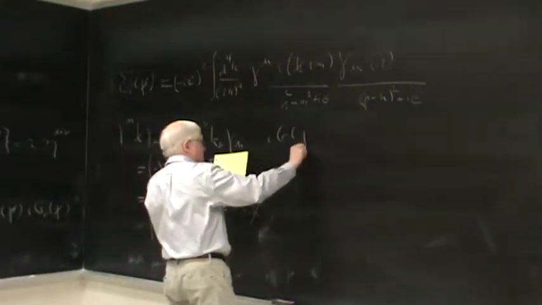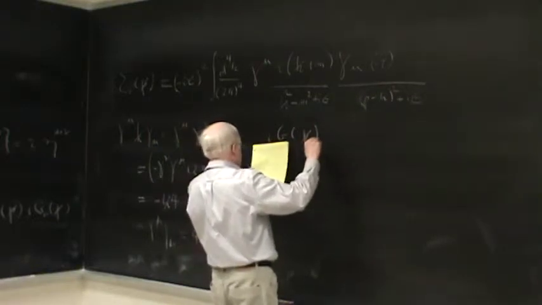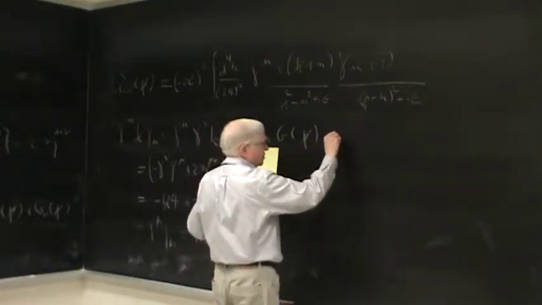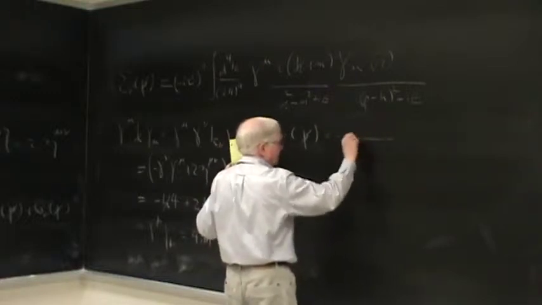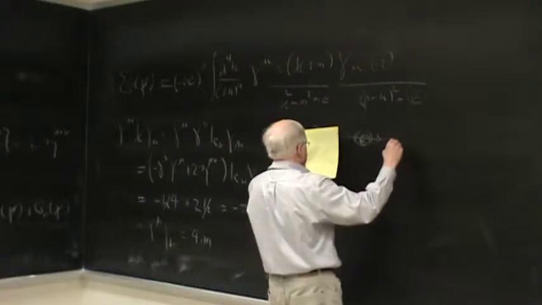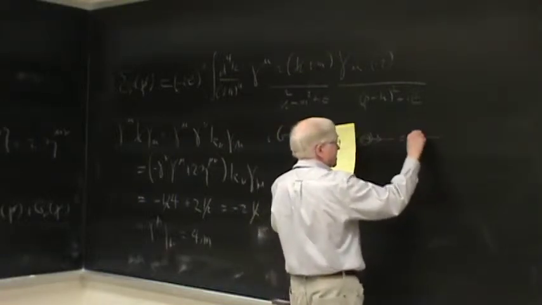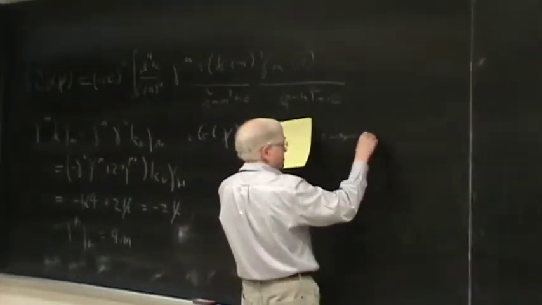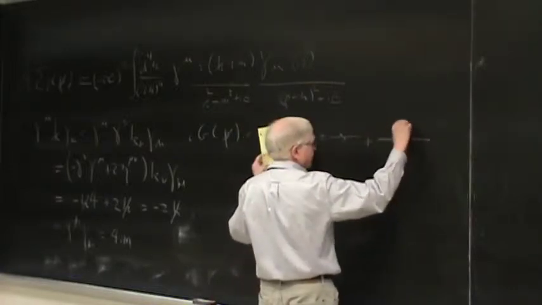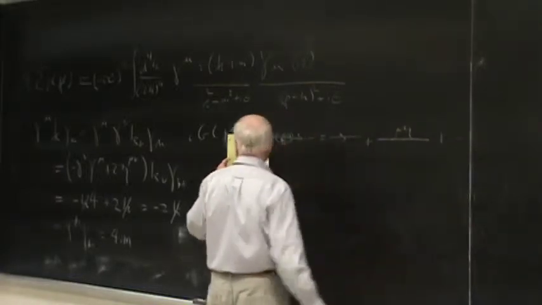Schwartz writes some of this as iG of p-slash, which is the full propagator, as something that looks like this. The idea is that this is the lowest order one, plus the thing that we're going to be calculating now, plus higher order terms.